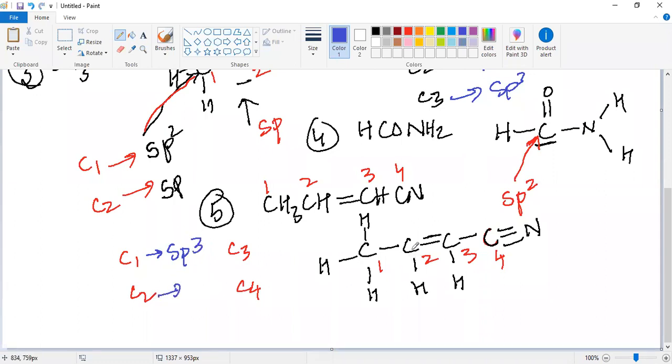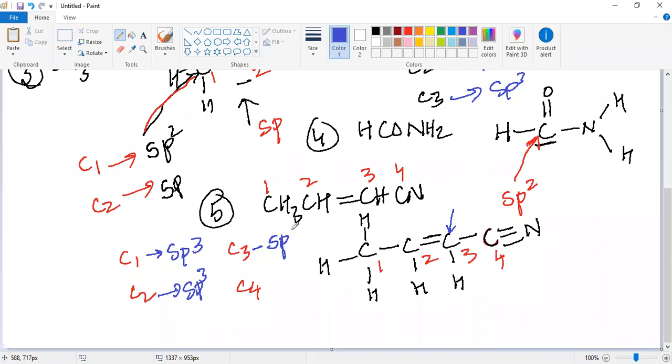What kind of hybridization is there in C2? sp2. Very good. In C3. This is your C3. Please repeat.